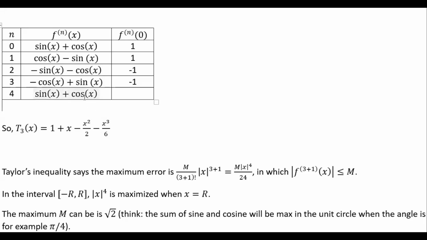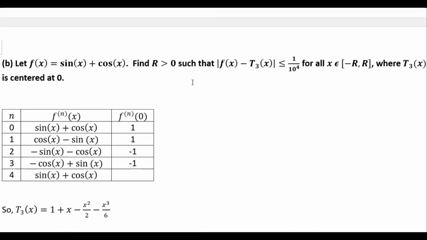But at the sweet spot when x is like pi over 4, both are square root 2 over 2. So it will be maximized when both individually are square root 2 over 2, which if we sum it up, that's square root of 2. Okay, by the way, pi over 4 is kind of far from the center of this power series, which is 0, but it's relatively close enough still for our analysis.